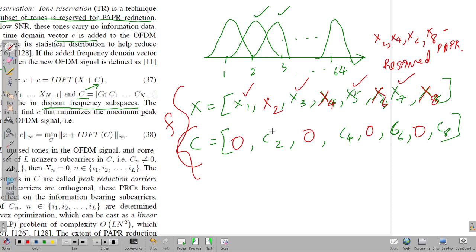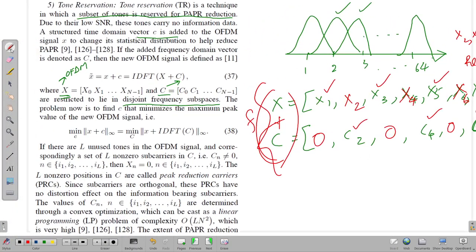C adjusts the values C2, C4, C6, and C8 in order to reduce PAPR, and X gets added with C. After these two get added, an IDFT is taken.